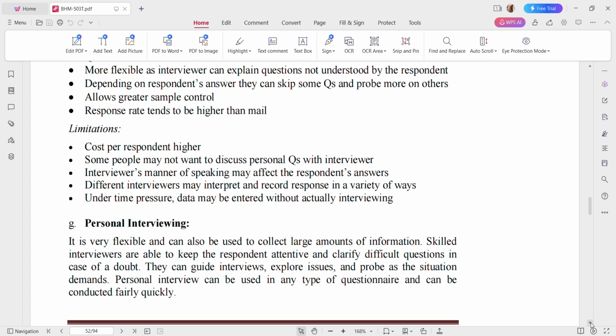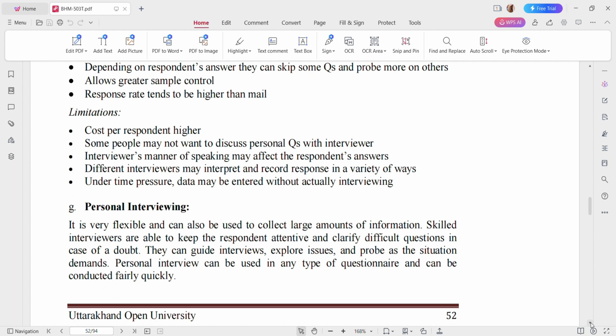Okay. Now, let's proceed to personal interviewing. It is very flexible and can also be used to collect large amounts of information. Skilled interviewers are able to keep the respondents attentive and clarify difficult questions in case of doubt.